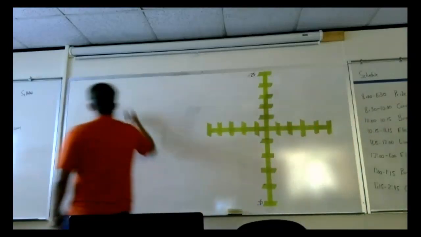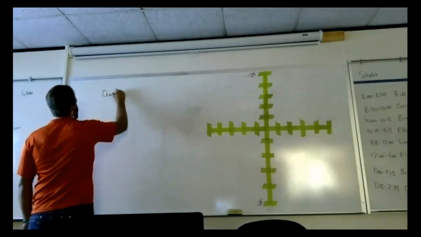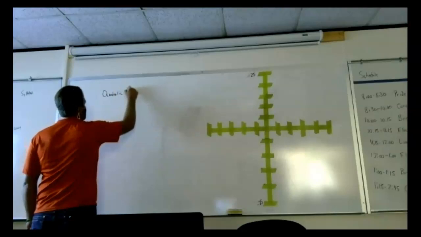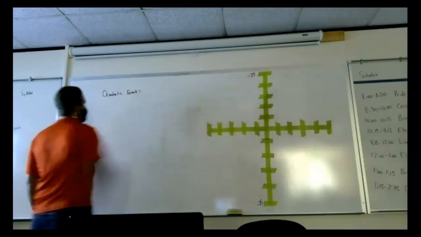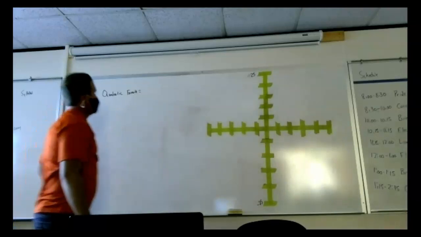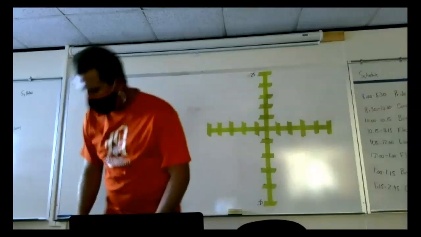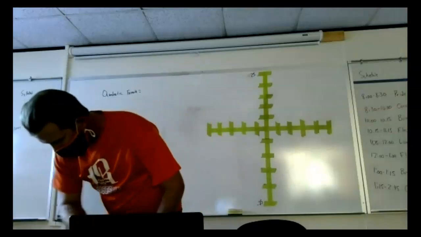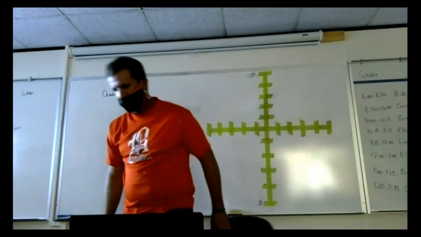And this is where we use what's known as the quadratic formula. Okay, and the quadratic formula is a formula that will give you roots when the situation is non-factorable.